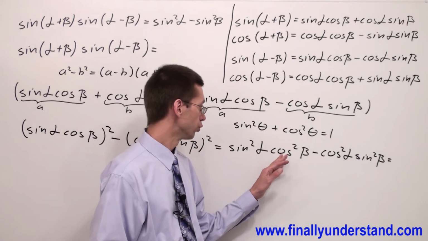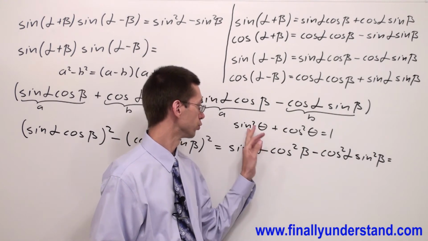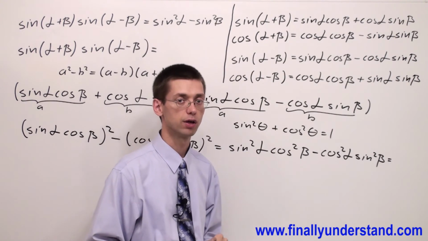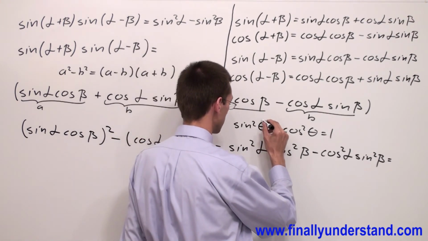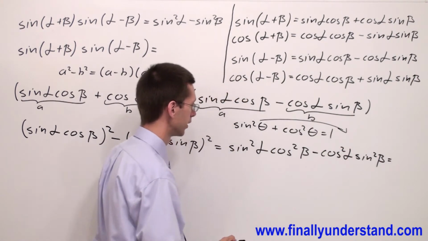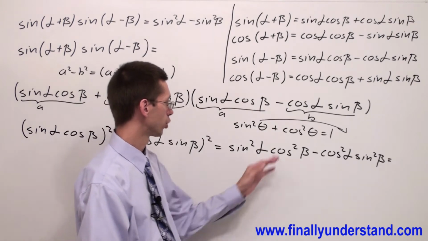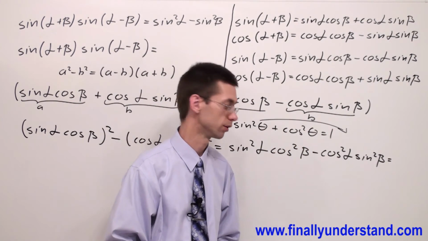We're supposed to eliminate these two cosines. So we have to solve this relation for cosine. So I'm going to simply move this sign to the other side. And I'm going to end up with cosine squared theta is equal 1 minus sine squared theta.